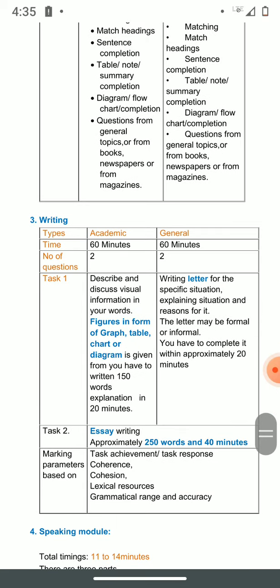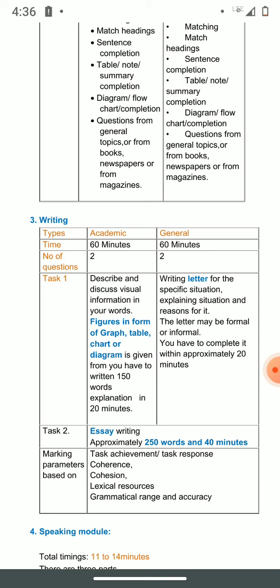Third one is writing. There are 2 tasks in both academic and general. Time is 60 minutes, number of questions 2. Task 1 for academic is to describe and discuss visual information in your own words.